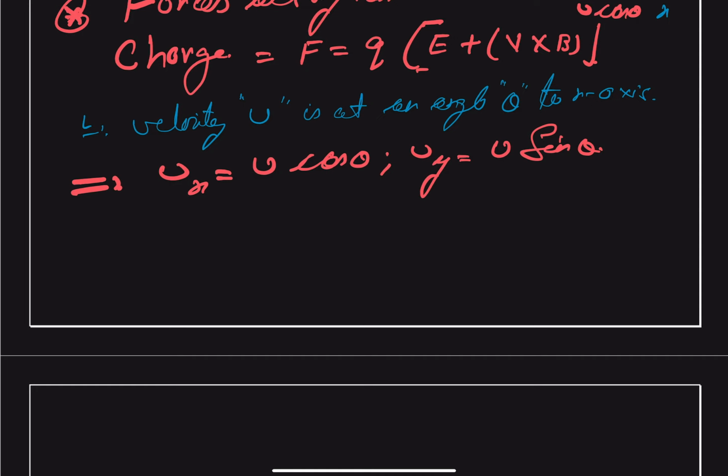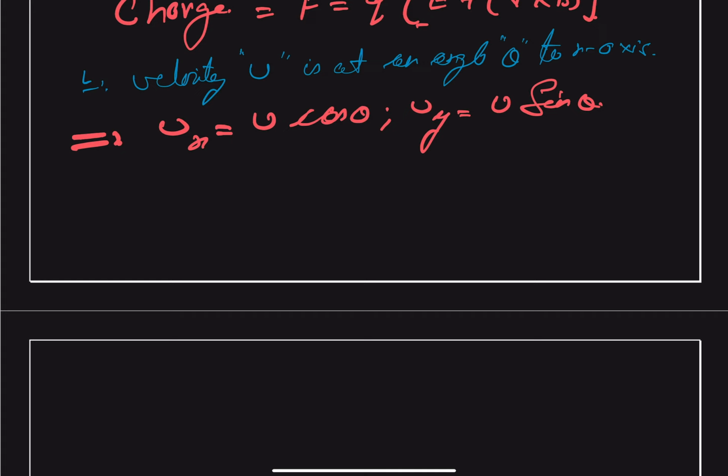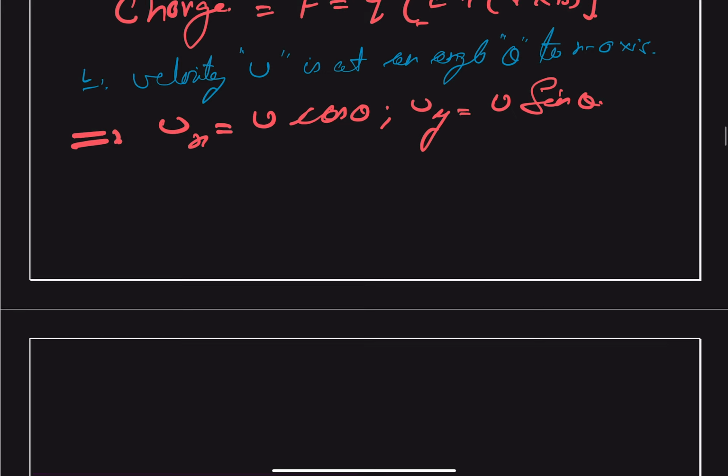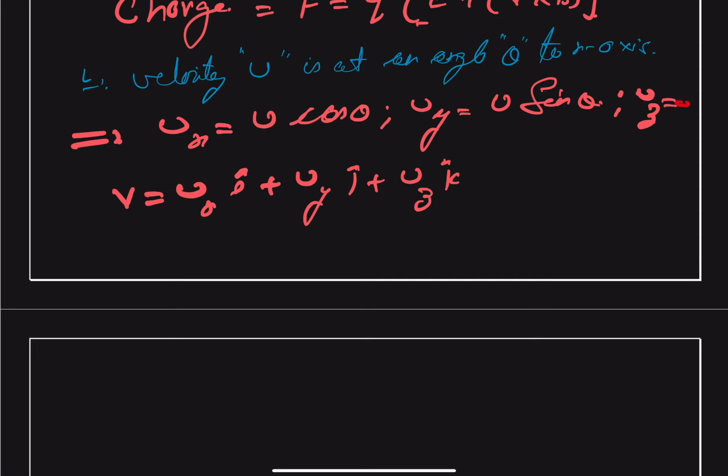Now let us find out the magnetic force by substituting all these formulas for electric field, magnetic field as well as velocity. We can also write that our velocity can be written as Vx i plus Vy j plus Vz k, and Vz is 0 because of the xy plane.